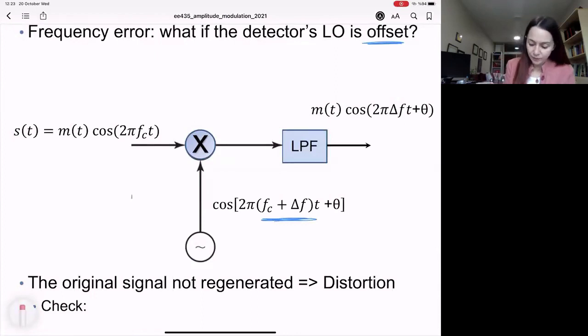So now we're multiplying cosines of two different frequencies. What is the result? Cosine this plus this, right? Plus sine this minus this. Okay, so what happens as a result?